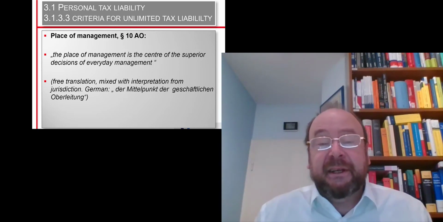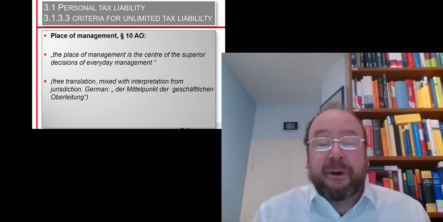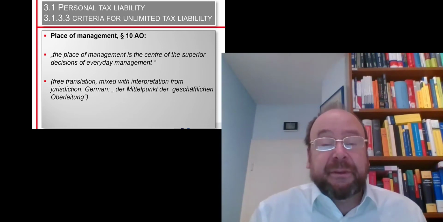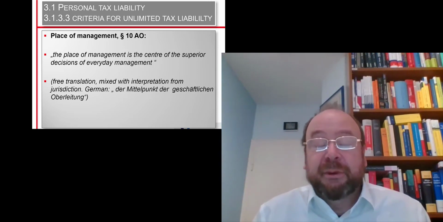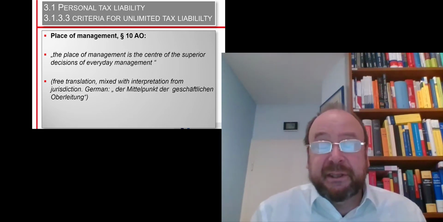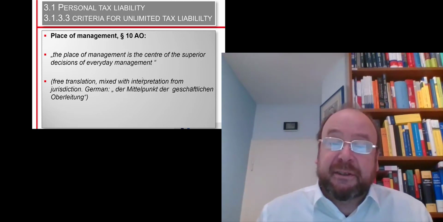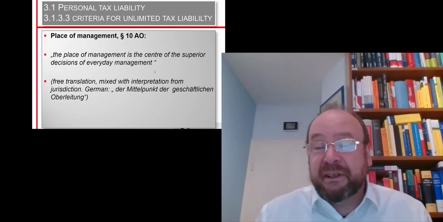The first thing what a tax inspector wants to find out during a tax audit, if they suspect or if they want to subject you with a foreign legal entity to German unlimited tax liability, is if the major decisions of everyday management have been taken on German territory.